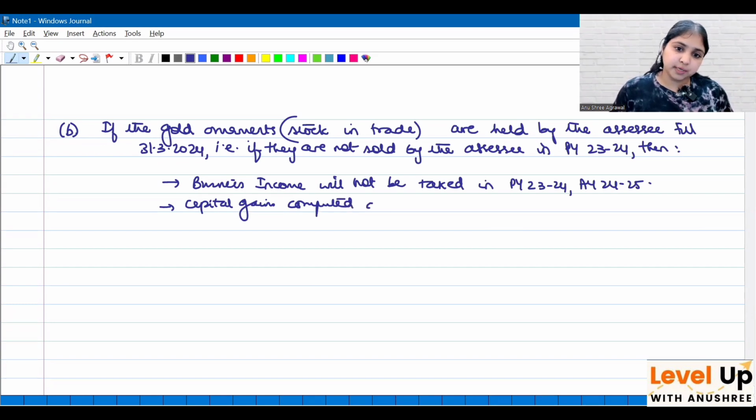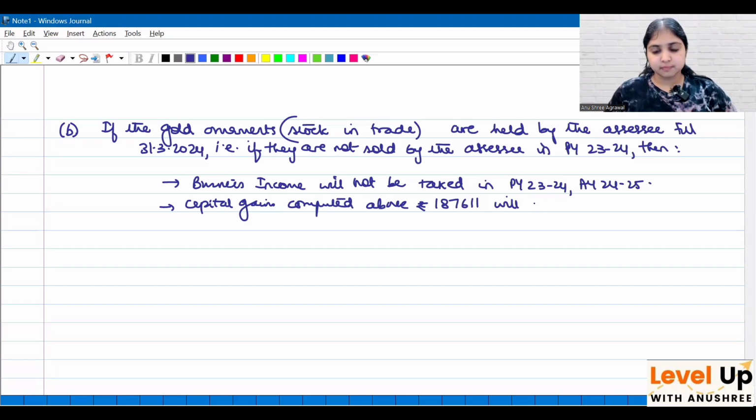Capital gains computed above, rupees 1,87,611 will not be taxed in previous year 23-24, assessment year 24-25.